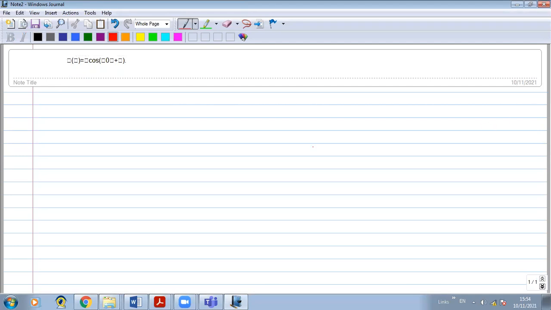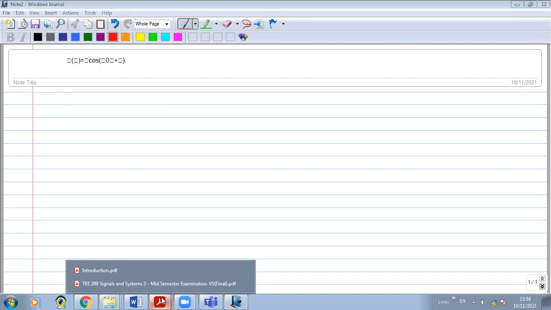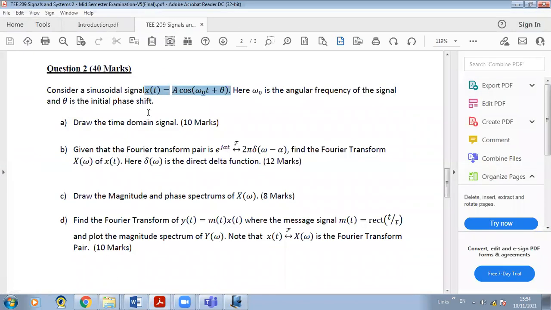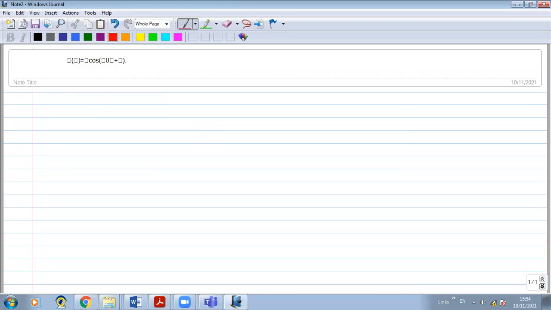So the question is: draw x(t) = A cos(omega naught t + theta), a general sinusoidal wave. You already know that omega naught is the angular velocity, theta is the phase shift, and A is the amplitude.